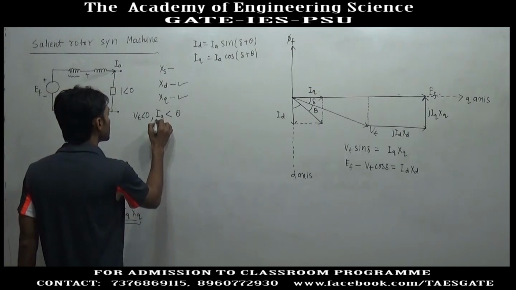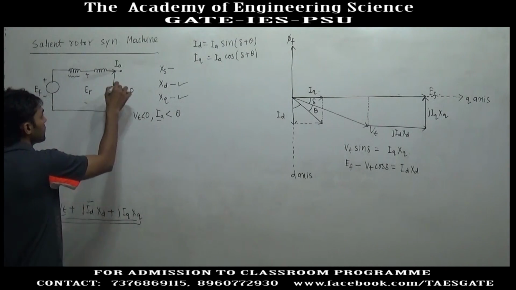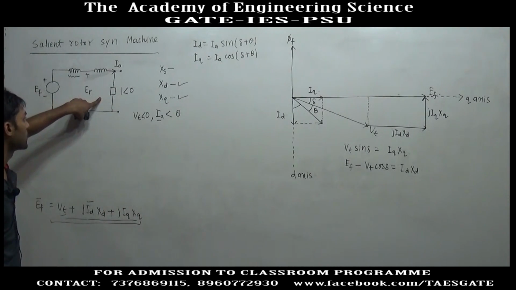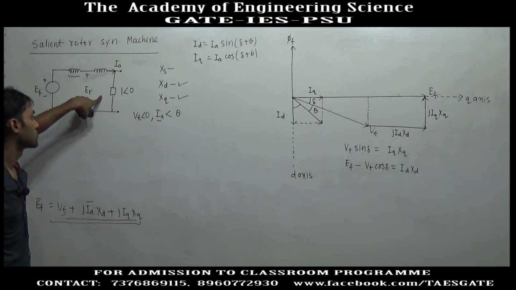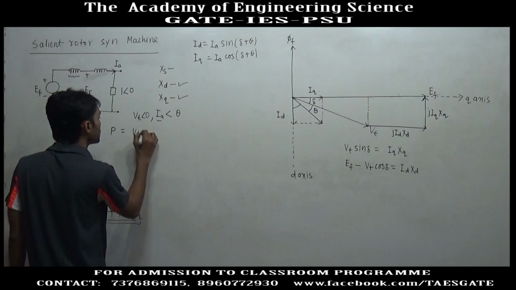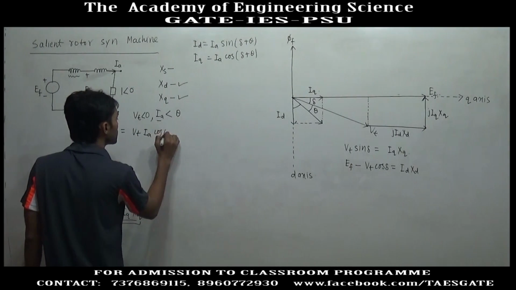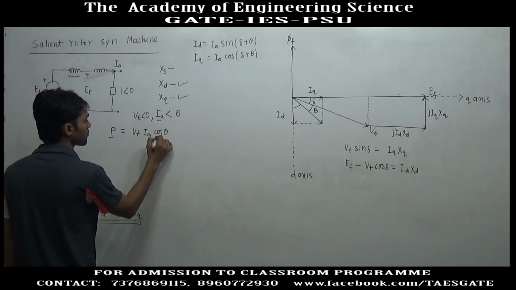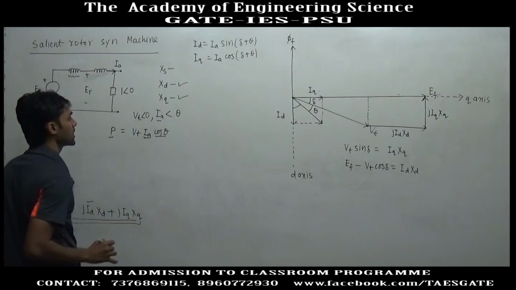If current is not given, then power may be given instead. So from power, suppose P is given, P is equal to Vt Ia cos theta. So if power is given and nature of load is given, then Ia can be calculated.